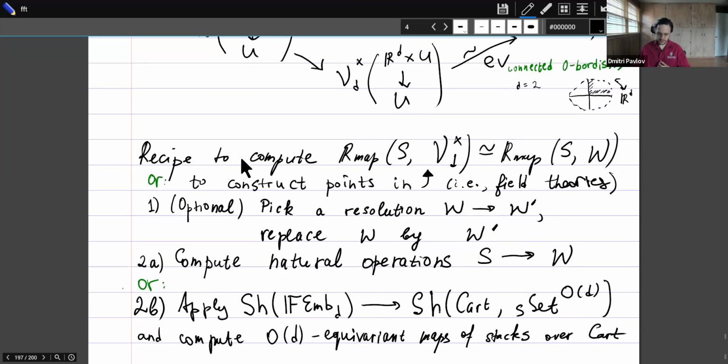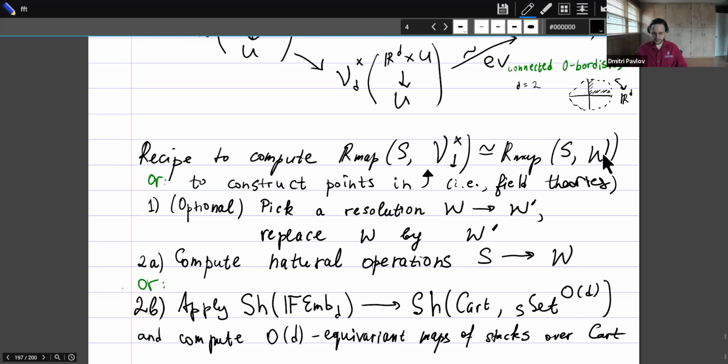You can elect to construct individual points in this mapping space, which correspond to functorial field theories, or you can elect to compute the whole space of functorial field theories, which is important for things like the Stolz-Teichner program and many other applications. And we already reduced the problem to computing the derived map in simplicial sets from S to W.